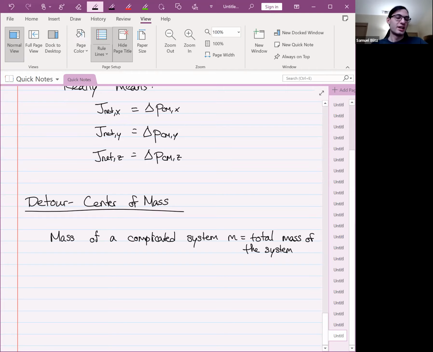However, it's a little bit harder when we start talking about position, acceleration and velocity as center of mass quantities if you have a complicated system. And maybe momentum.